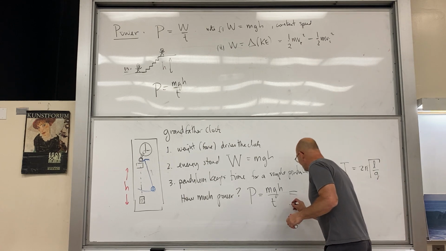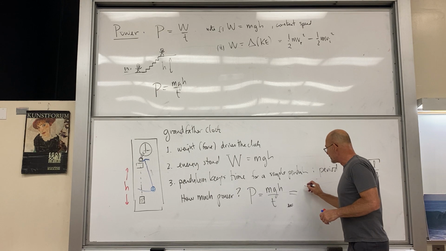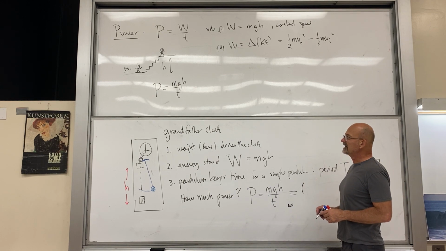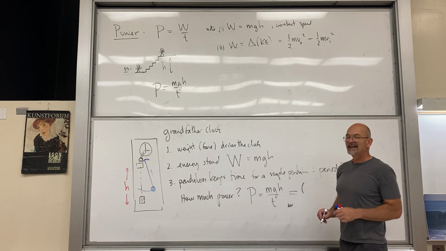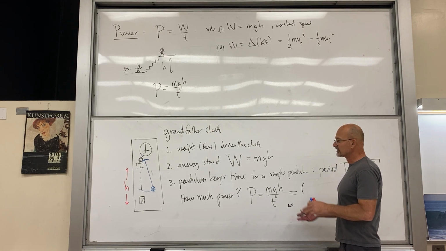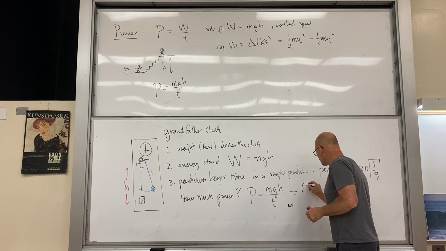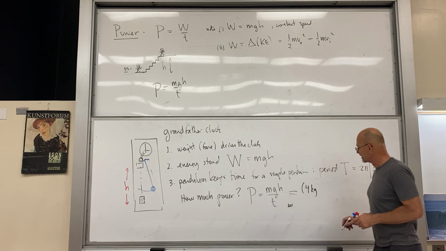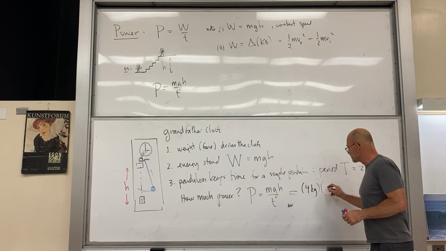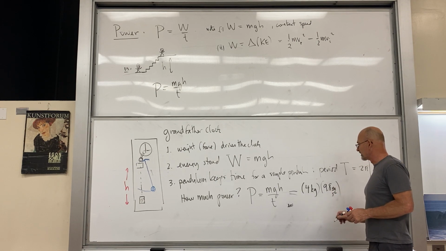I will plug them in. I'm going to give a realistic example of a grandfather clock. The mass could be 3 kilograms. Okay. We'll round up and say we have a massive grandfather clock. Let's even say it's 4 kilograms. G, we're just going to use 9.8. We could use 10 as well, meters per second squared.